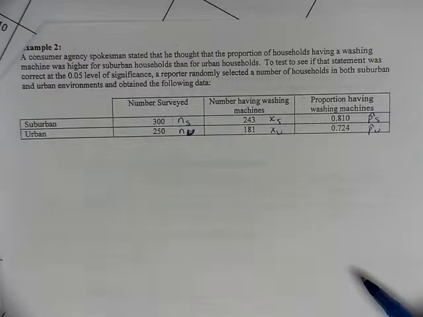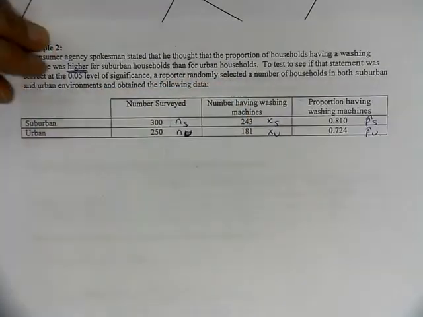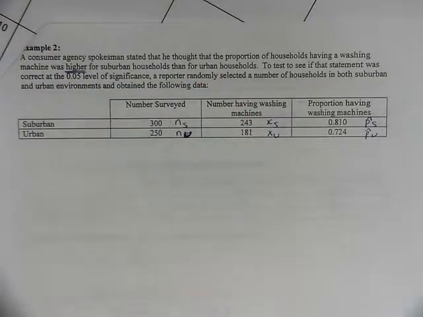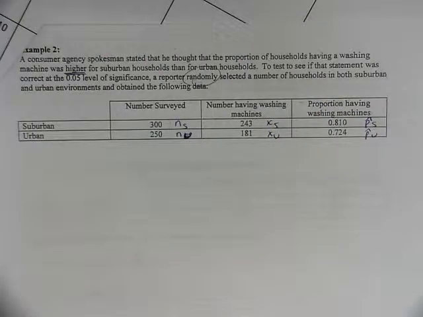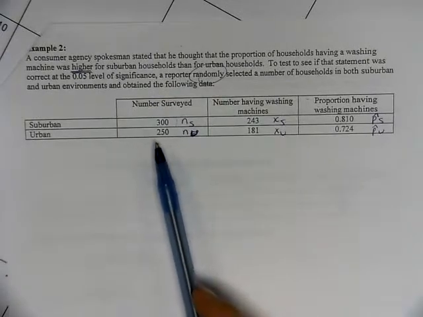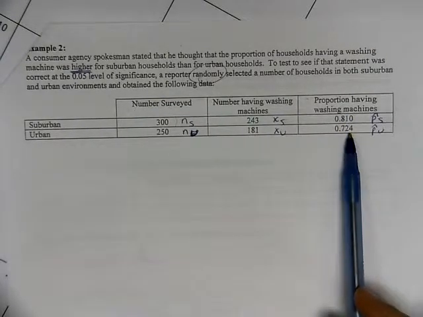A consumer agency spokesman stated that he thought the proportion of households having a washing machine was higher for suburban households than for urban. To test to see if the statement was correct at the 0.05 level of significance, a reporter randomly selected a number of households in both suburban and urban environments and obtained the following data. So here's the number of houses they went to, number of people who had washing machines, and the proportions.